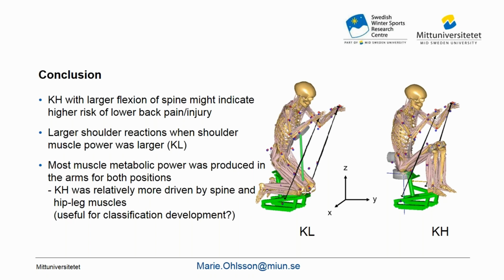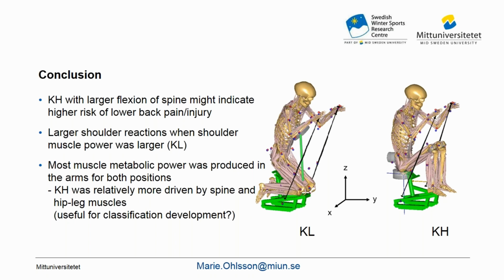And to the last dot here on my slide, most muscular metabolic power was produced in the arms for both positions. It's an arm-driven movement to be seated and do double poling. But the knee-high KH position was relatively more driven by spine, hip, and leg muscles.